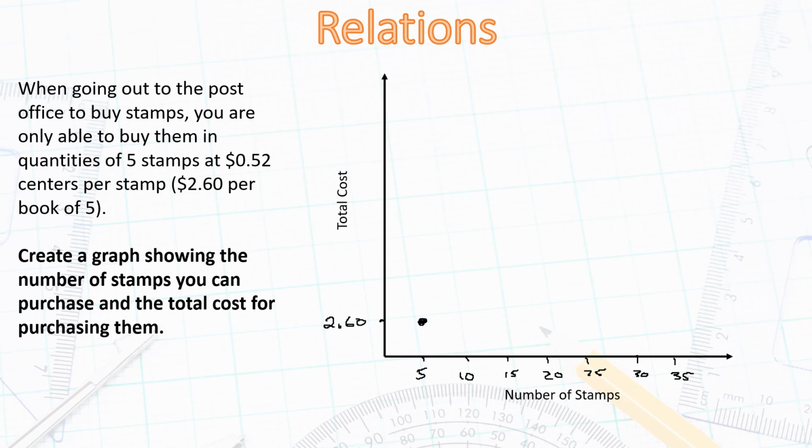We can't buy 6, we can't buy 7, we can't buy 8, we have to buy 10 next, and that would put us at $5.20. 15 will put us at $7.80. 20 will put us at $10.40. 25, and so on. Like, you guys get the idea. It would look like this.